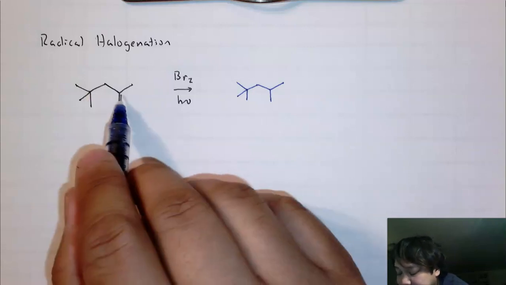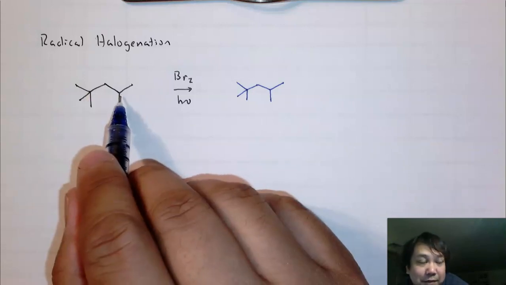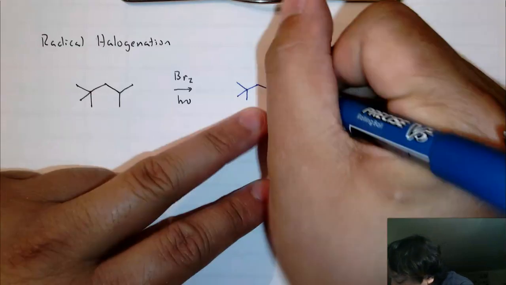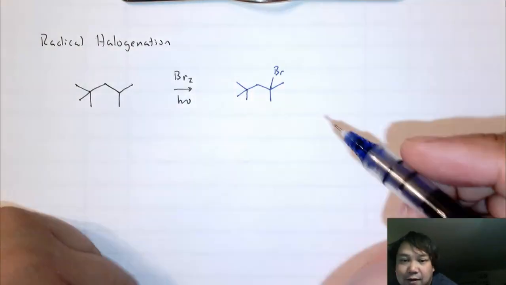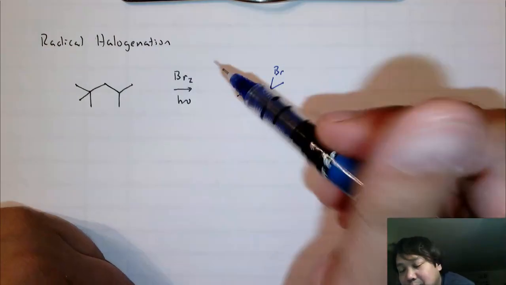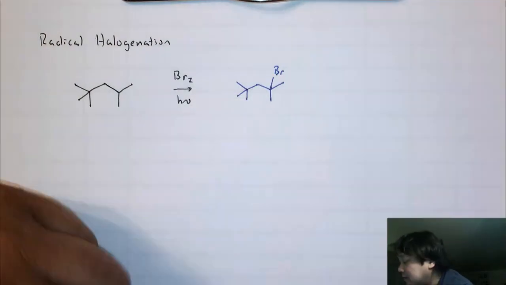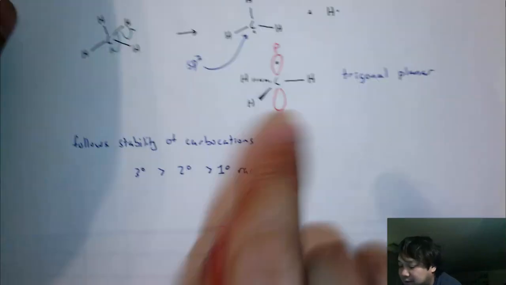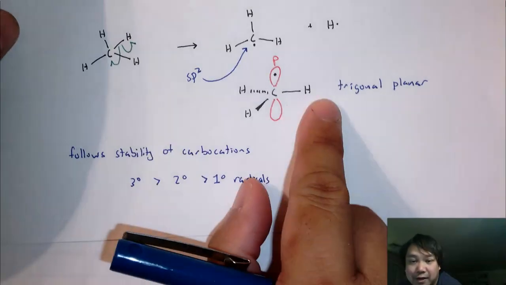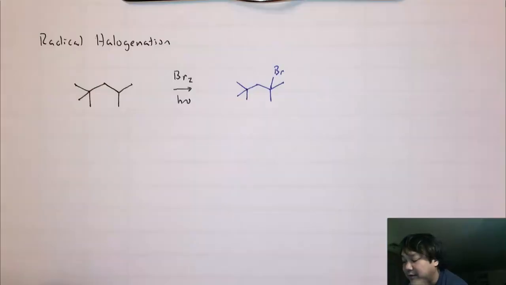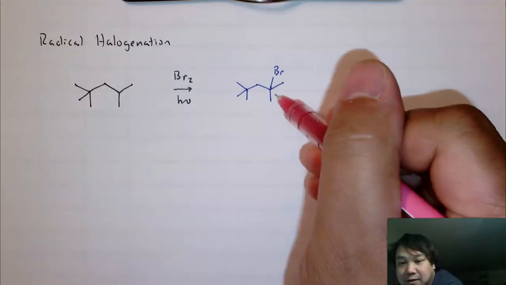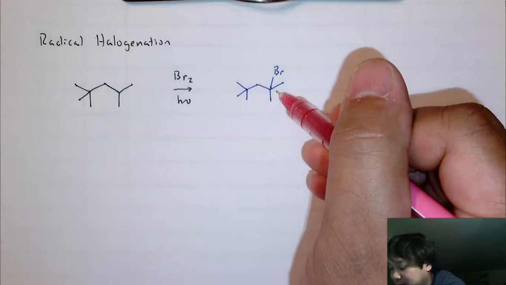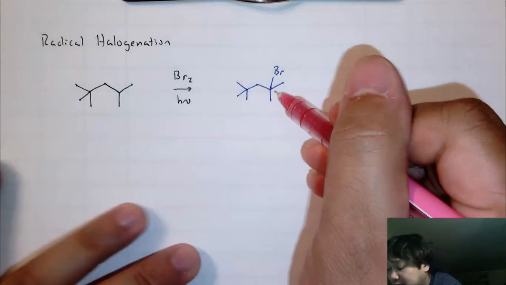We're going to remove this hydrogen that's on the tertiary and put the Br right there. Now if you listen carefully, I said we're going through a radical intermediate. Well, the radical intermediate is trigonal planar, so that Br could come from the front or back. But I notice here that this carbon is not chiral. Okay? So you should not put any wedges and dashes on this carbon.